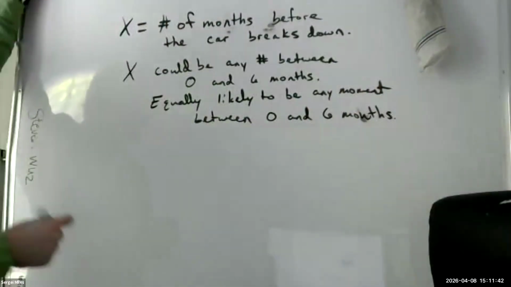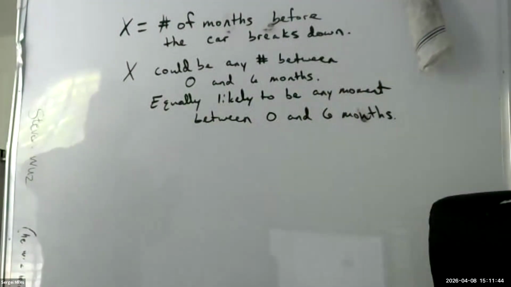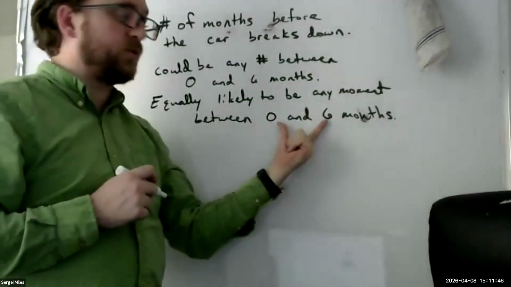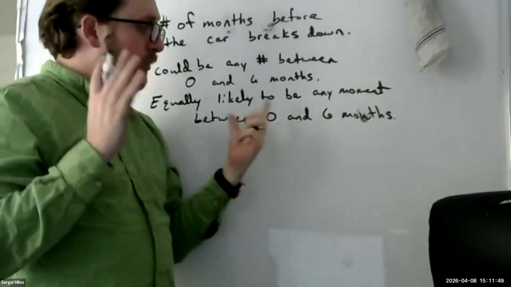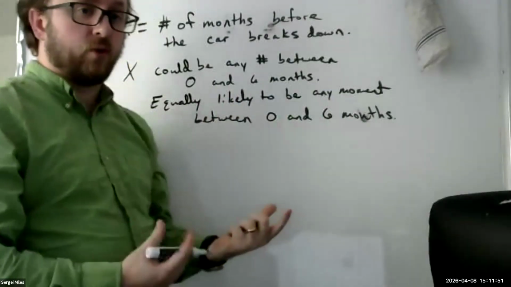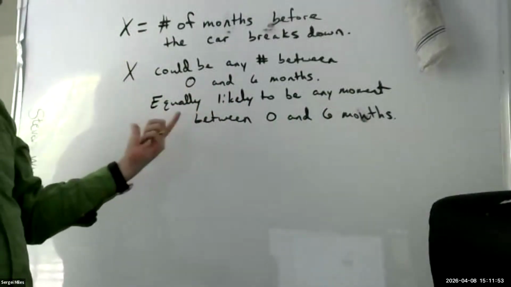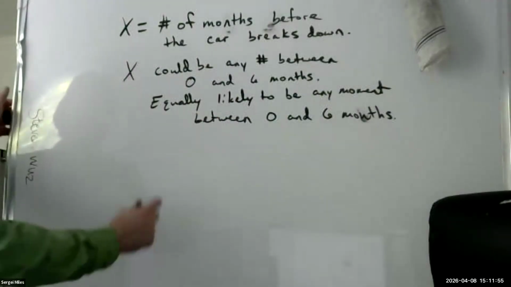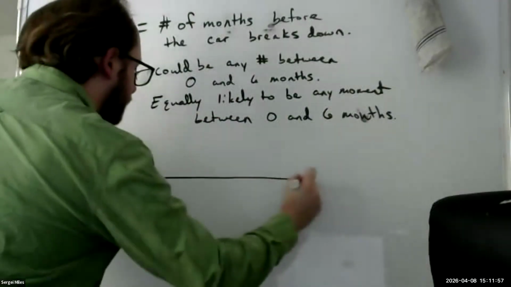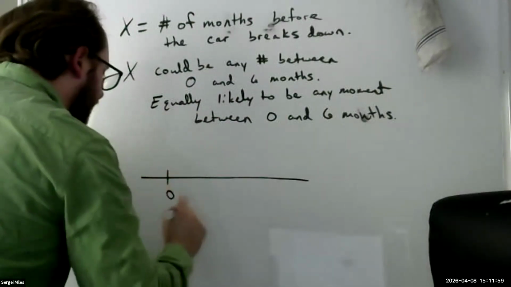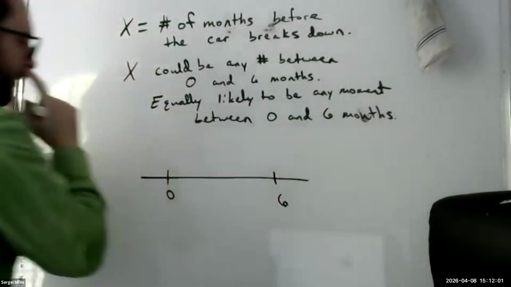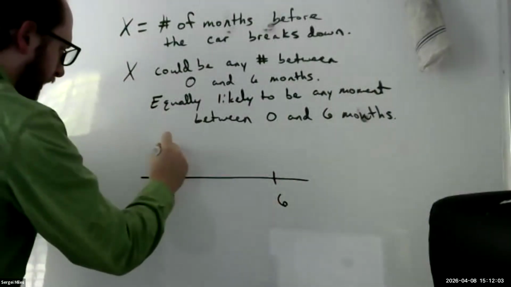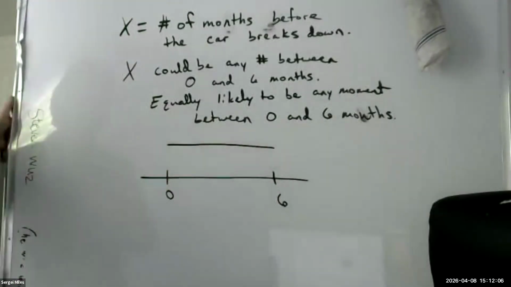All right, so we're dealing with a continuous random variable. It can be any possible real number between 0 and 6. And we're also assuming this is uniform. It's equally likely to be any moment. Okay? So what does this mean? We can draw a picture. It could be any time between 0 and 6 months, and it's equally likely.